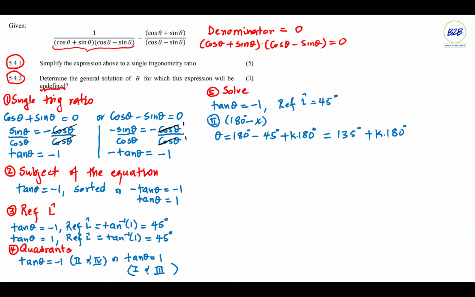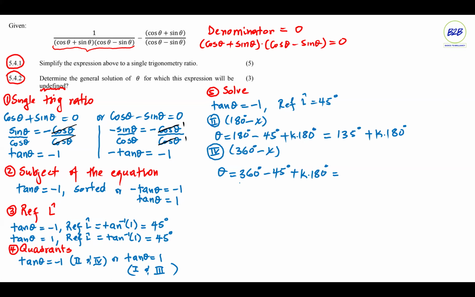And then the second quadrant that we have is the fourth quadrant. That is where tan is negative. What reduction formula do we have in the fourth quadrant? 360 degrees minus x, where x is the reference angle. Then we'll say theta is equal to 360 degrees minus 45 degrees plus k times 180 degrees.